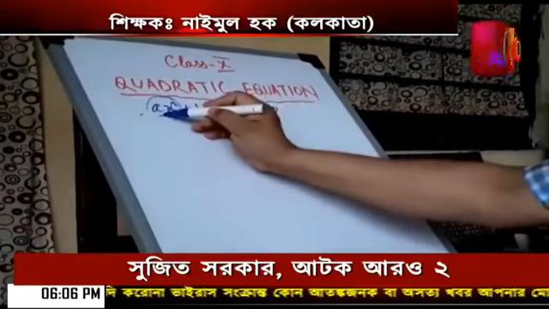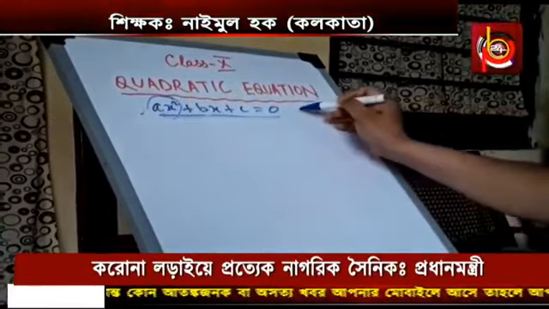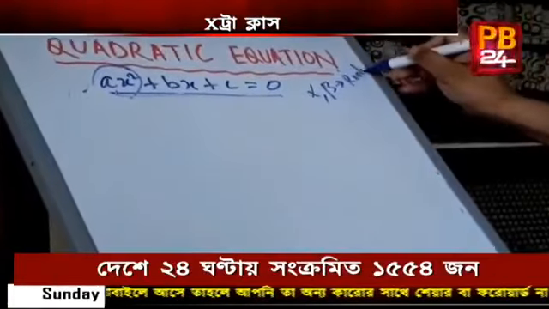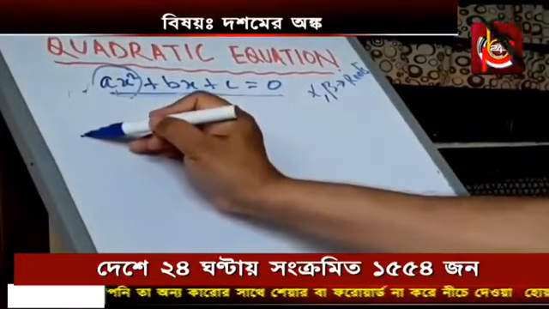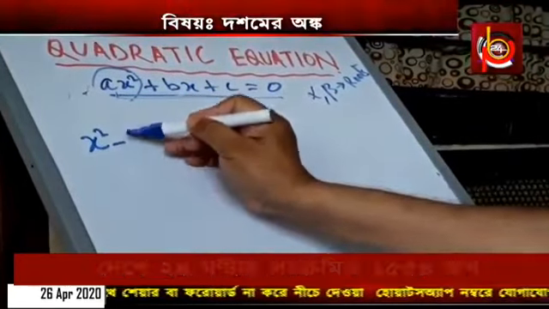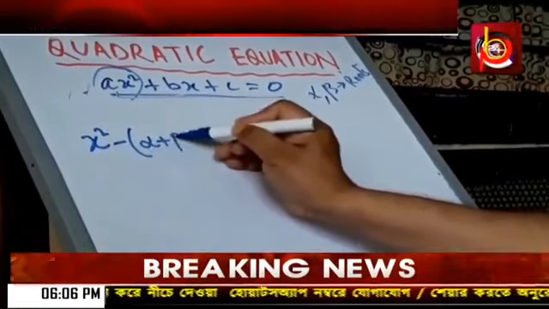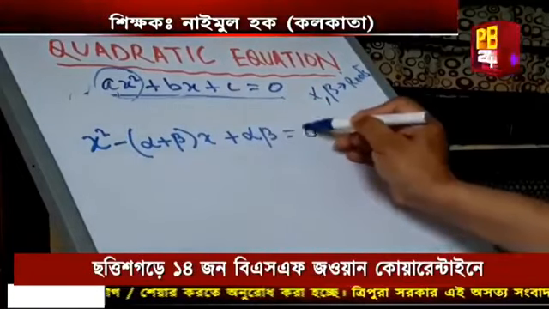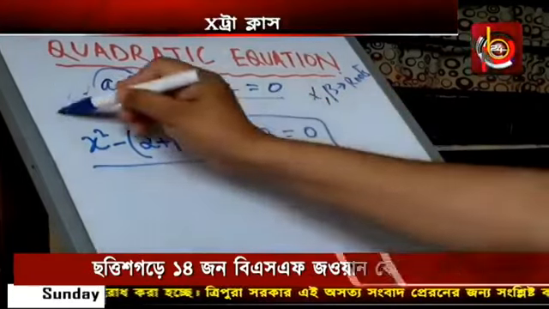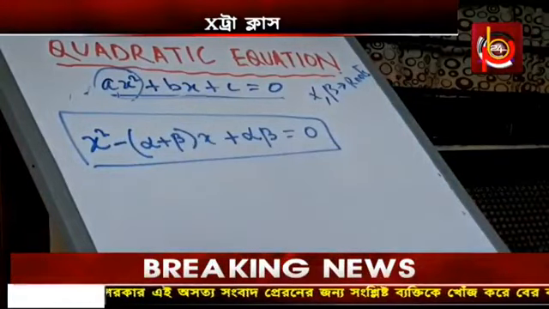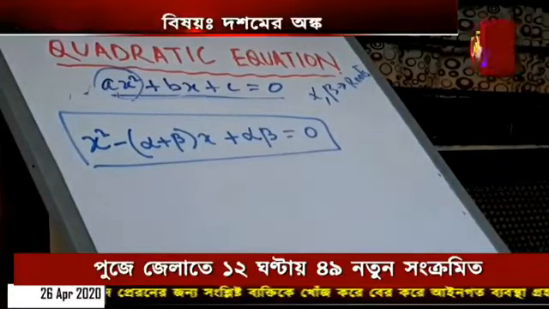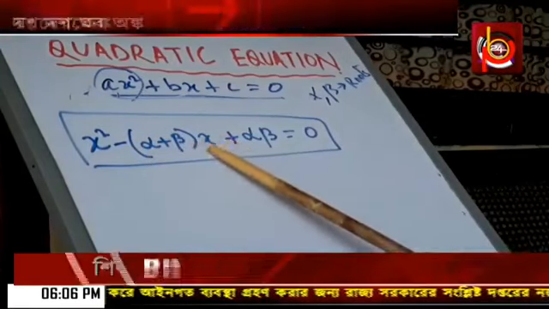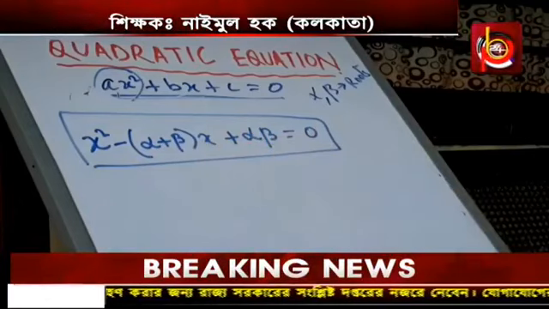If the equation has two roots, alpha and beta, then the quadratic equation will be formed in this way: x square minus (alpha plus beta) into x plus alpha times beta equals 0. This is the formation of any quadratic equation. It means x square minus the sum of the roots into x plus the product of the roots equals 0.